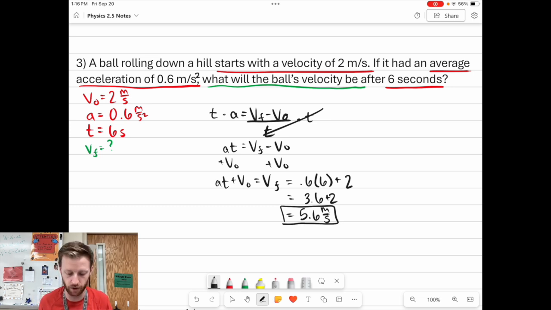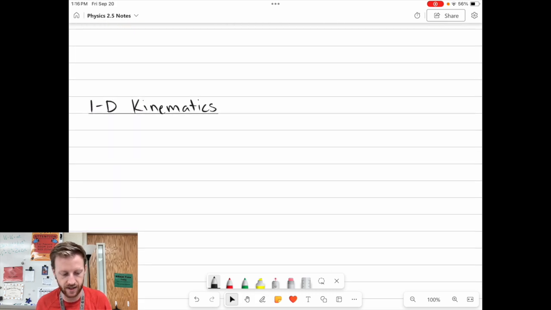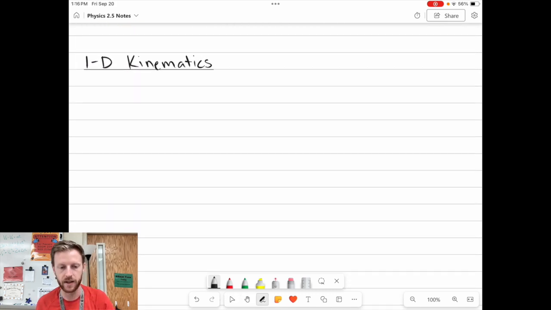So I'm going to move on in the notes here to 1D kinematics. Now, kinematics is a big scary word. It really is. It sounds very sciencey, but all it is, it relates everything we've learned together into how things move.